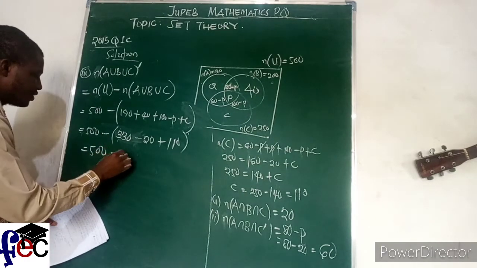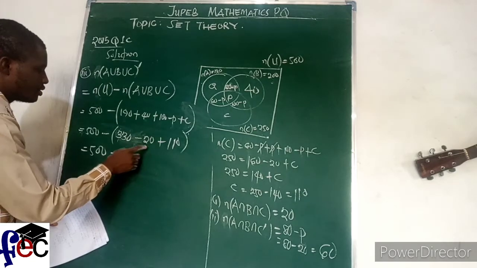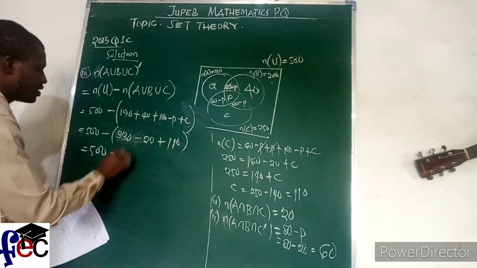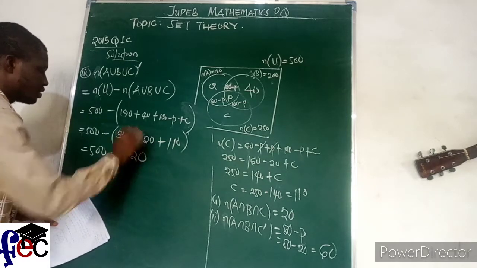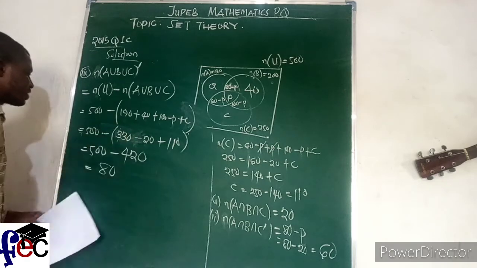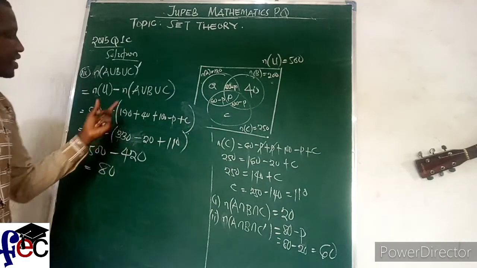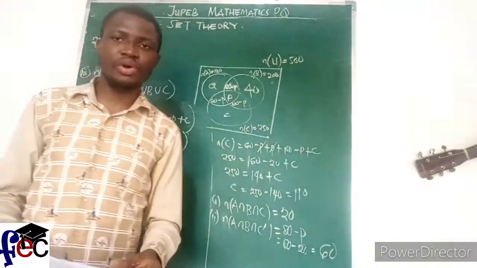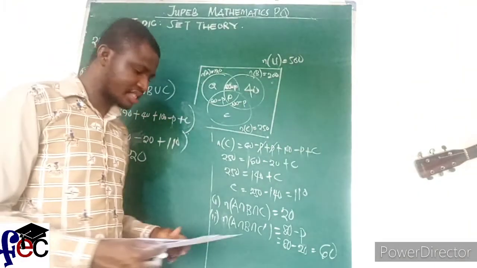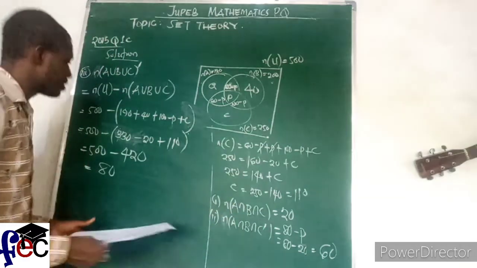That is minus, this is going to be 310. 310 with this, that's 420. And what is 500 minus 420? That is 80. So how many persons did not vote for A, B, and C? We have found out that it is simply 80.